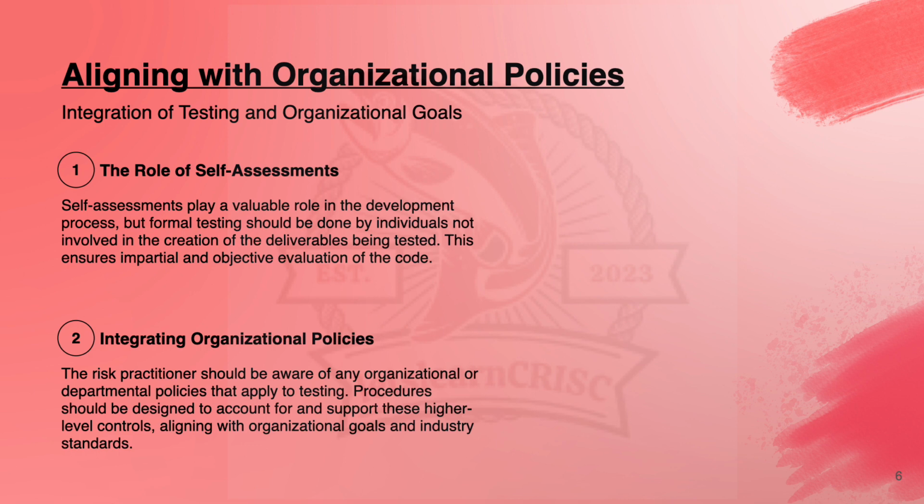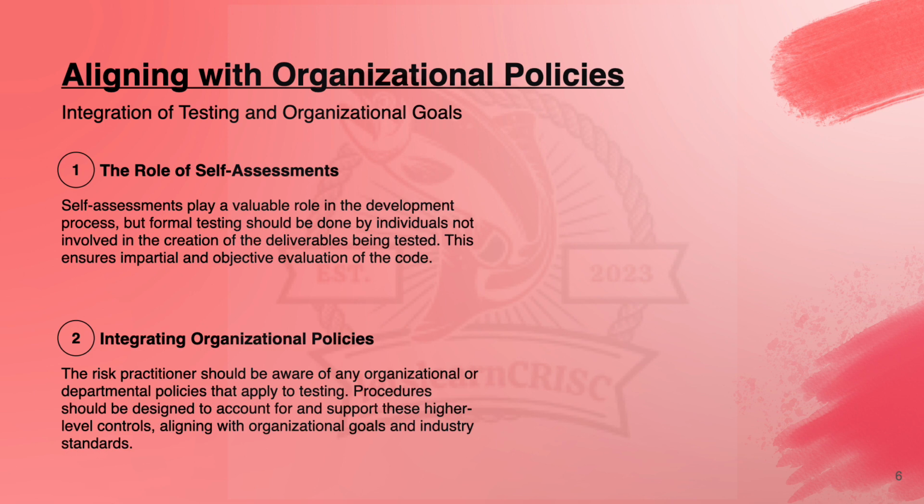Next, procedures should be designed to account for and support these higher level controls, aligning with the organizational goals and industry standards. Friends, the procedure for testing should be designed in a way that aligns with and supports higher level controls and policies established by the organization or regulatory bodies.